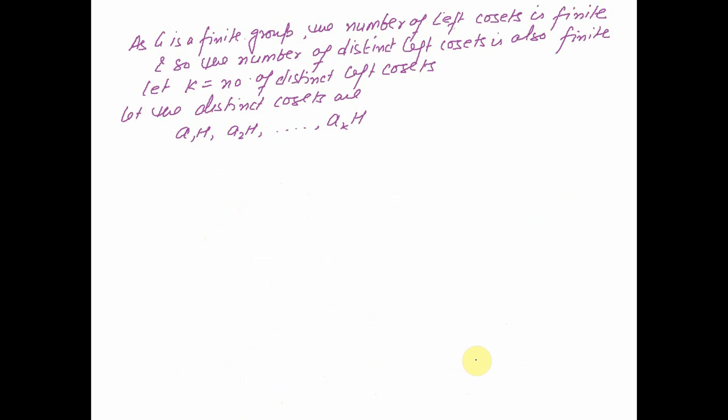So let's proceed. Now, as G is a finite group, the number of elements in G is finite. So the number of left cosets is also finite, and so the number of distinct left cosets is also finite.